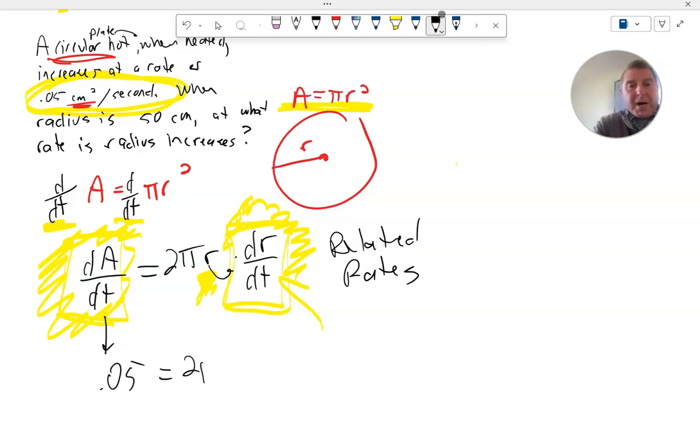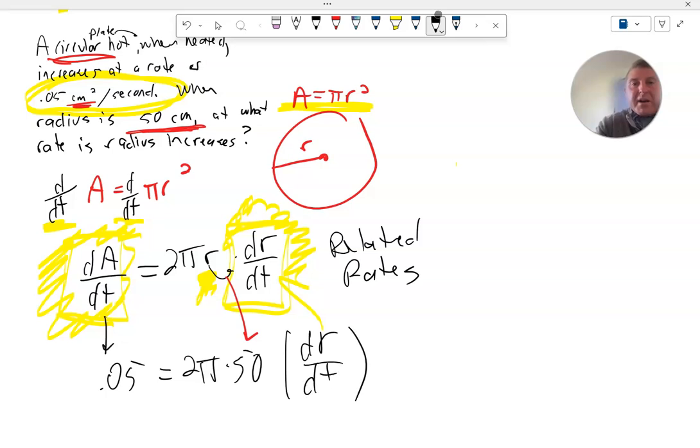The 2 pi, that's 2 pi. The radius at that moment, just like if I'm trying to find the slope of a curve at a moment, the radius at that moment is 50. So I'm going to plug that 50 in for r. Boom. And what's left is my dr dt, which is the variable for which I am solving. At what rate is the radius increasing?